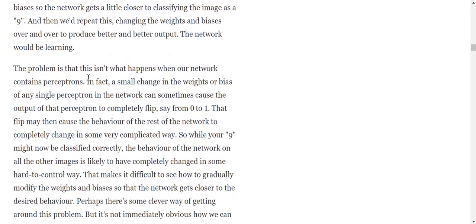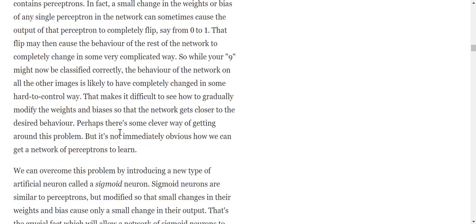The problem is that this isn't what happens when a network contains perceptrons. In fact, a small change in the weight or bias of any single perceptron in the network may sometimes cause the output to completely flip, say from a 0 to a 1. That flip may then cause the behavior of the rest of the network to completely change in some complicated way. So while your 9 might now be classified correctly, the behavior of the network on the other images is likely to be completely changed in some hard to control way.